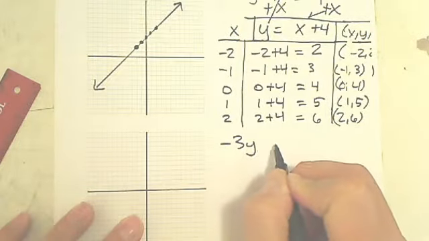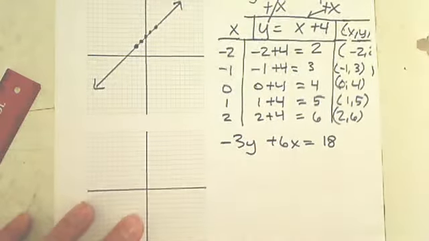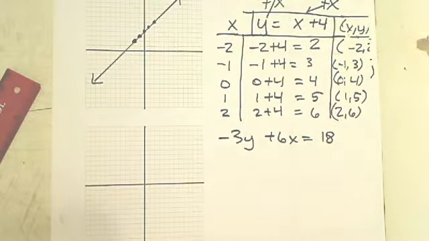-3y plus 6x equals 18. So today we don't have to do that A equals B. It will come up later.